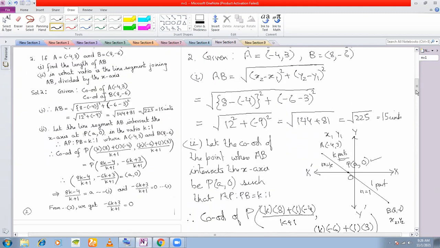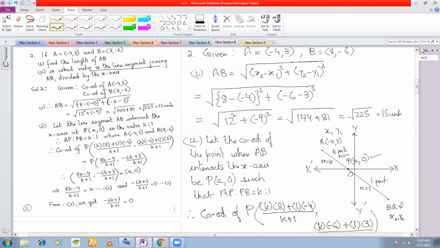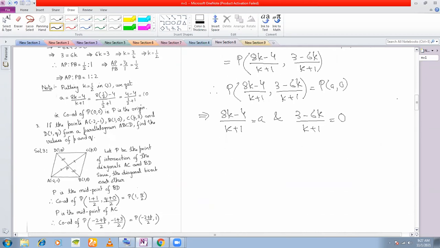They have only asked you to find the ratio in which the x-axis divides AB. Okay, you simply need to find out the ratio. So what you do is you consider only this equation. So we have (3 minus 6k) divided by (k plus 1) is equal to 0. That means 3 minus 6k must be equal to 0.